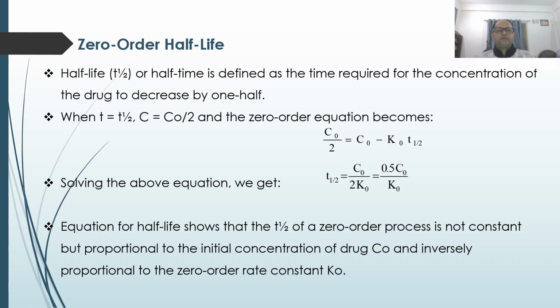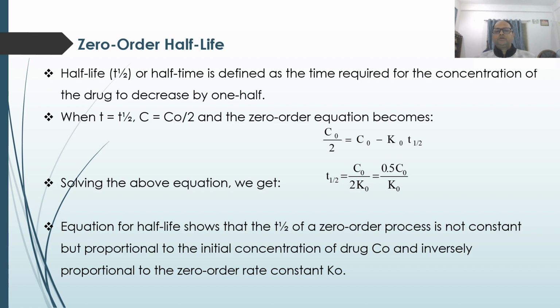So when T is equal to T half, the final concentration C is equal to C0 by 2. In the zero order equation, which you should recollect, in place of C you write C0 by 2, and in place of time T you write T half.